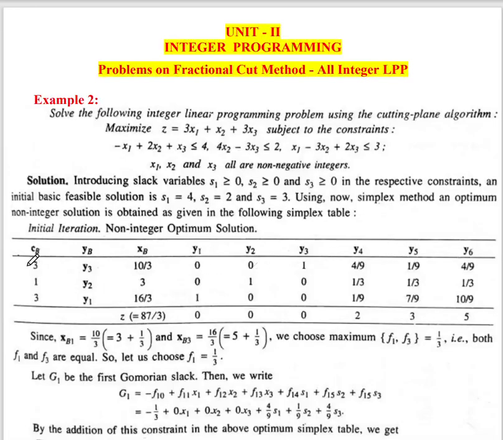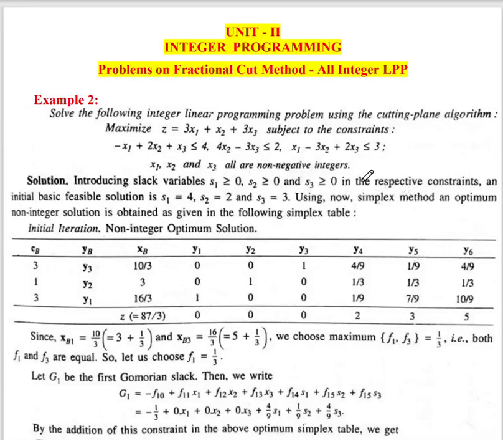Now we will see the solution of this all integer linear programming problem. We will solve this problem by using the general simplex method. So here, introducing slack variables s1, s2 and s3 into the given constraints, we get the initial basic feasible solution, that is s1 equal to 4, s2 equal to 2, s3 equal to 3, by using the general simplex method that we have already seen in unit number 1.